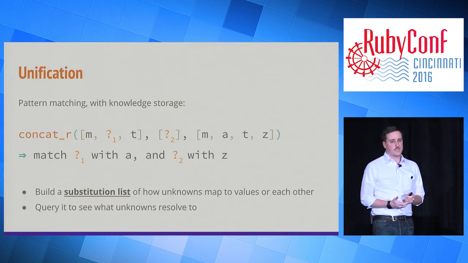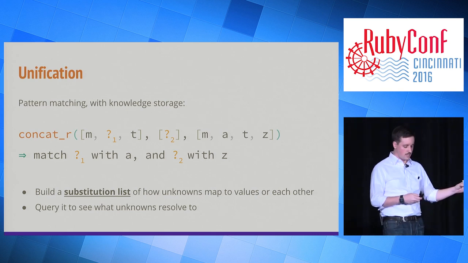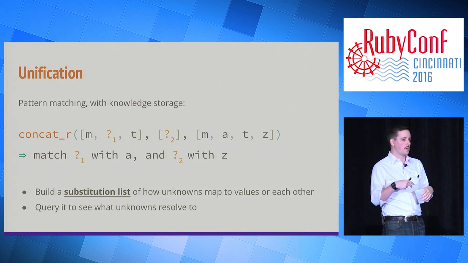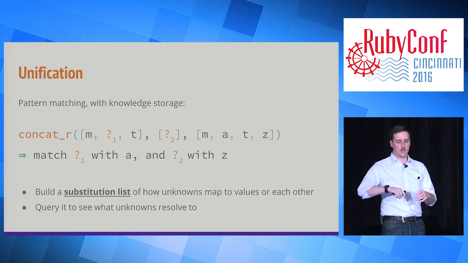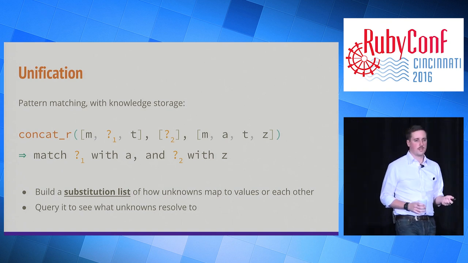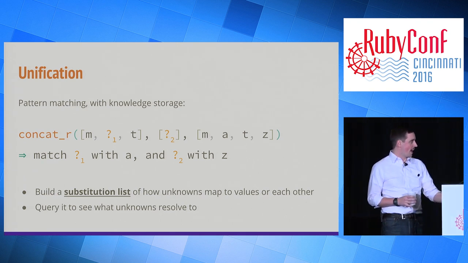The core of most logic programming engines is something called unification. Unification is a sort of pattern matching with knowledge stored in a data structure within the solver. It's been called two-way pattern matching. This is going back to that relational idea. Unification is what makes logic programs relational and able to fill in the gaps here. Here's a relational version of concatenation.